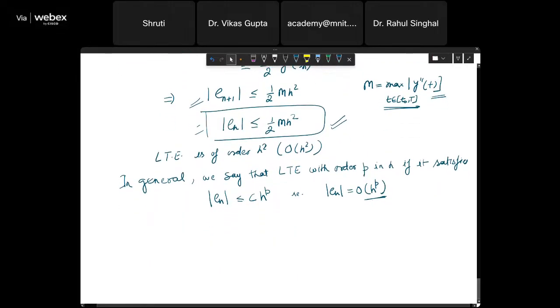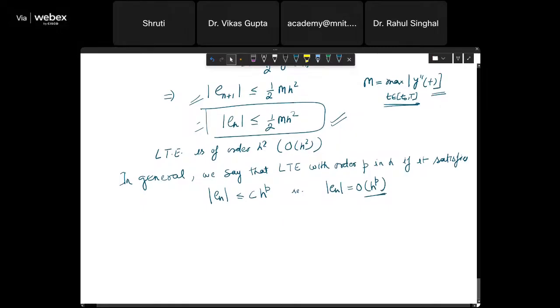After computing the order of the global truncation error, we would know in general with what order of convergence the method will converge, and that is known as the order of the numerical method. Now let us look at the order of the global truncation error.